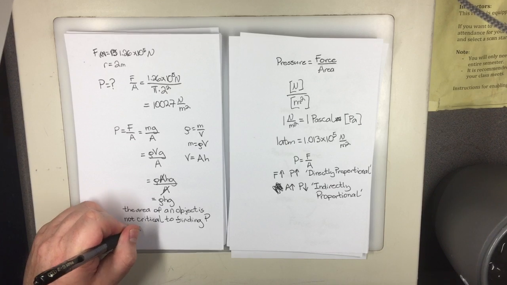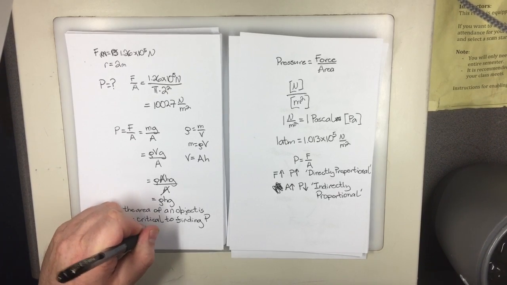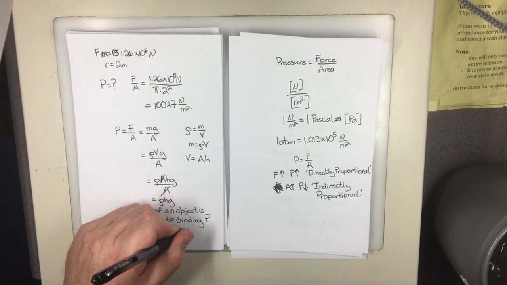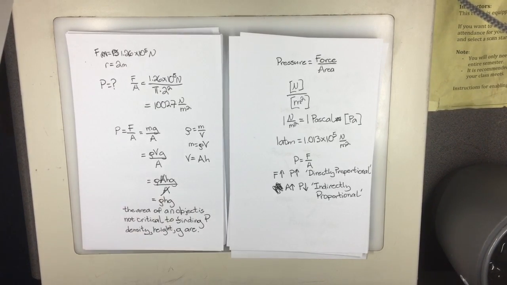Density, height, and gravity are. Those are critical.